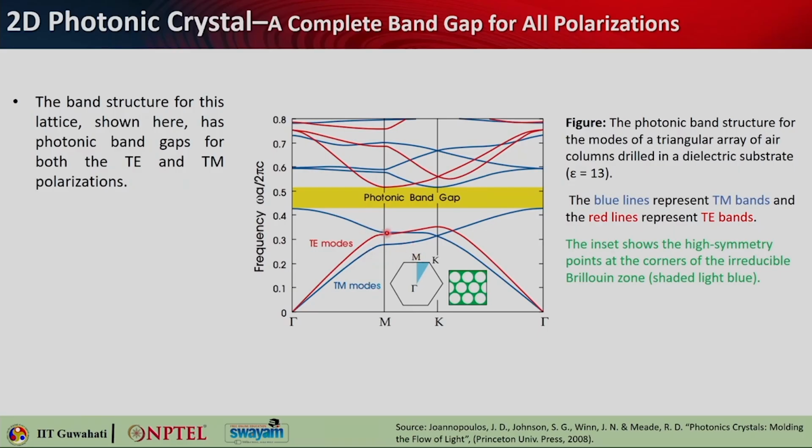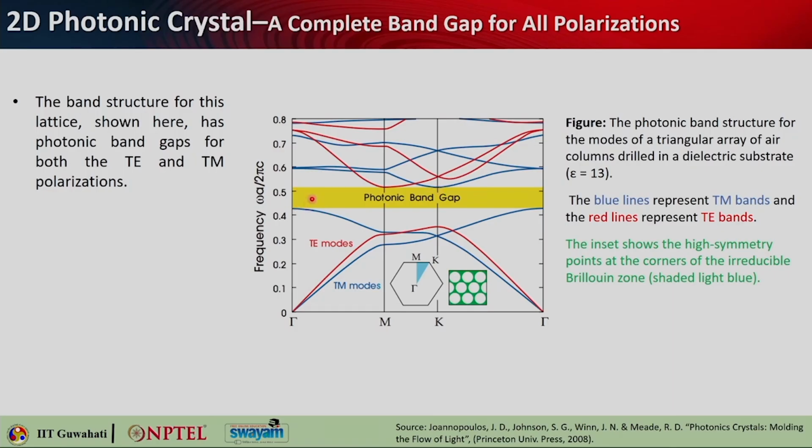It is not from the first band; from the second band to the third band you have a band gap, whereas for TE, the red color, you see there is a band gap from here to here. The TE mode band gap is much wider, whereas the TM mode band gap is not that wide, because this is the valley and this is the peak.